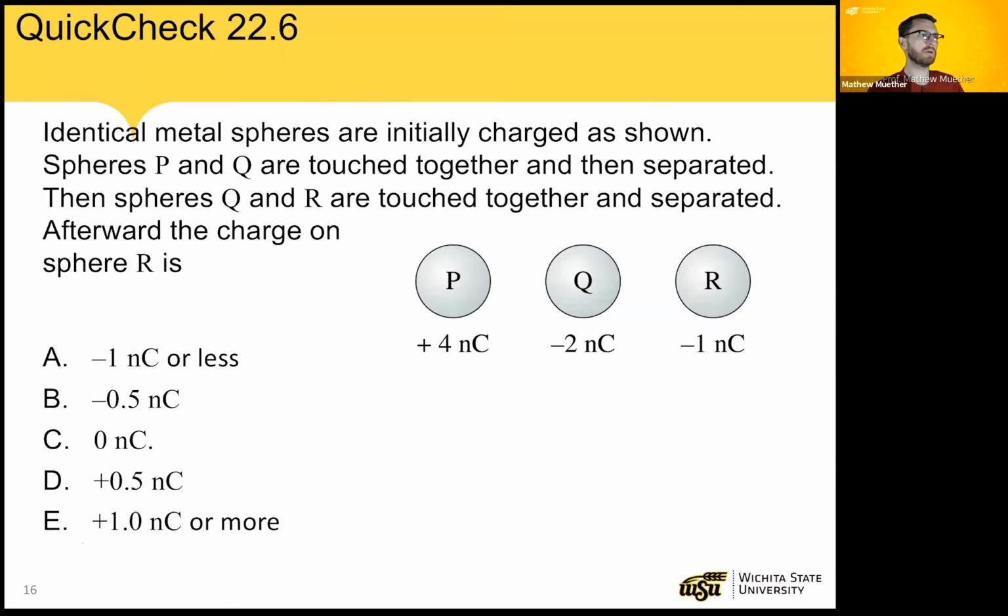I'm going to open up the poll. So take maybe up to a minute to answer this one if you need it. You should be seeing the poll result now.